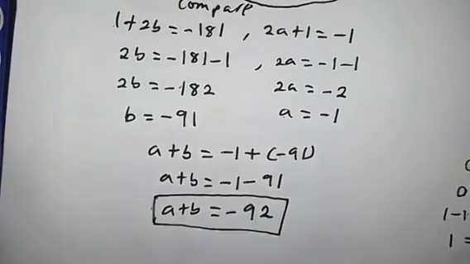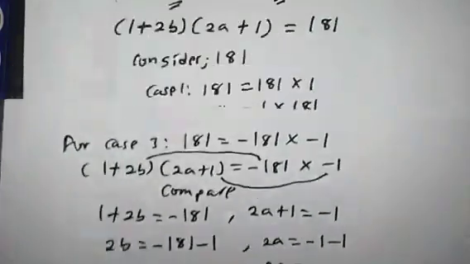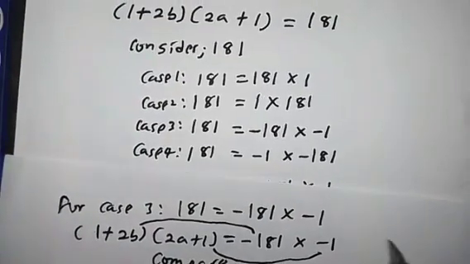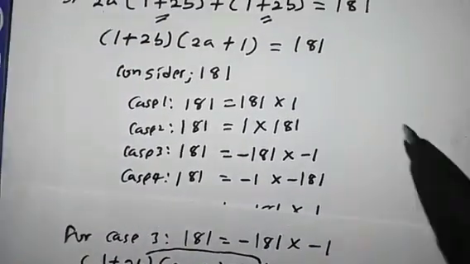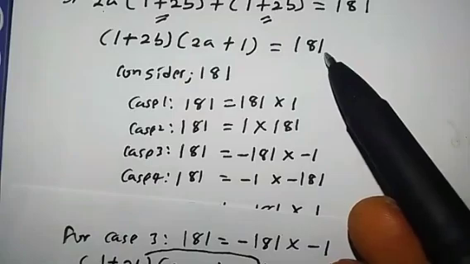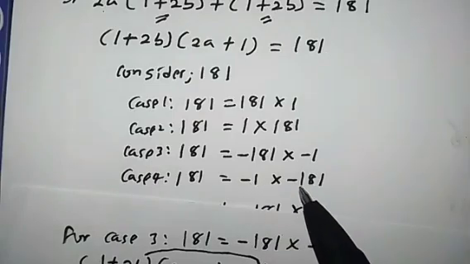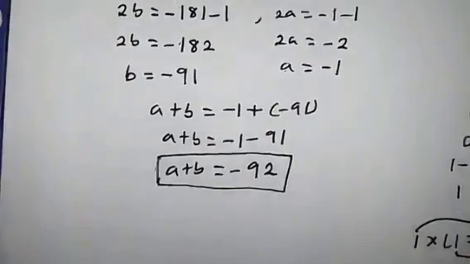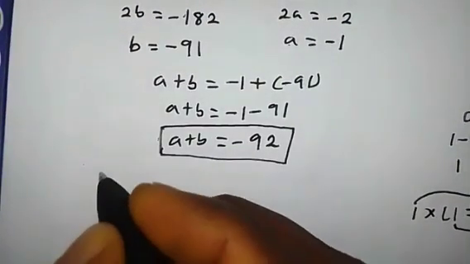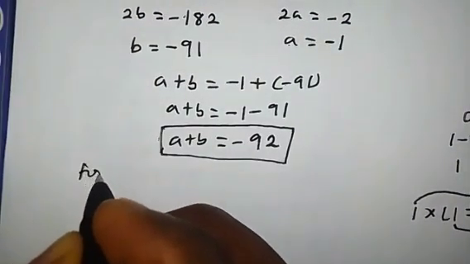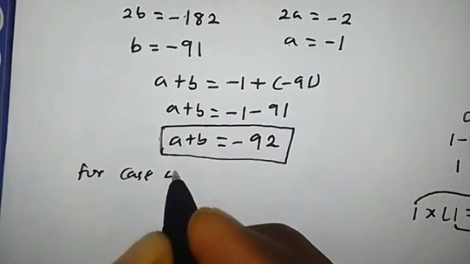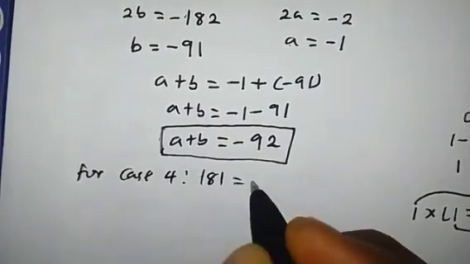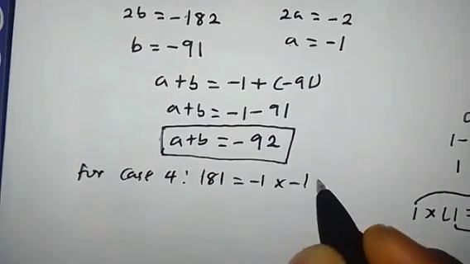Now, last but not the least, let us consider the fourth case. Case 4, what we have to do is to replace this 181 with minus 1 times minus 181. So for case 4, 181 is equal to minus 1 times minus 181.